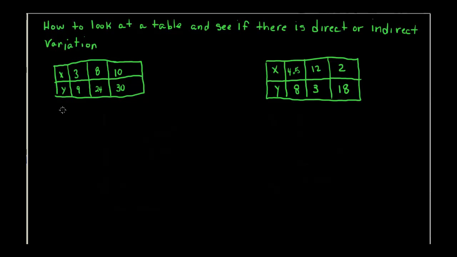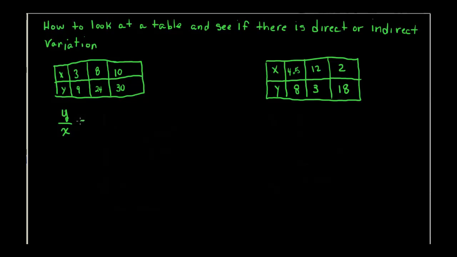The common ratio will be y to x, which really is the slope. So let's take each ordered pair in our tables and find the ratio.